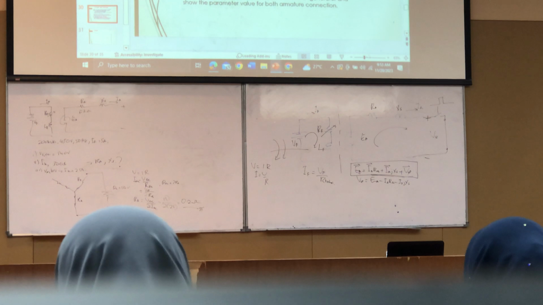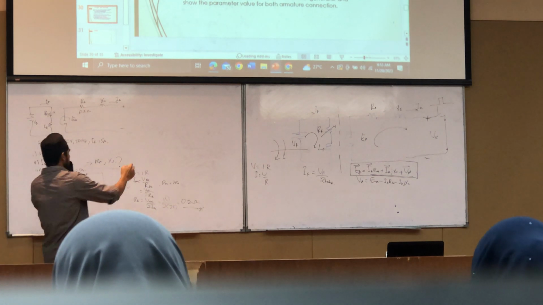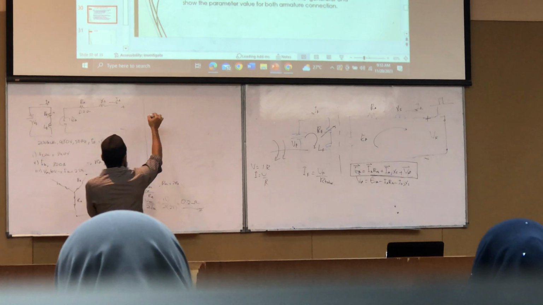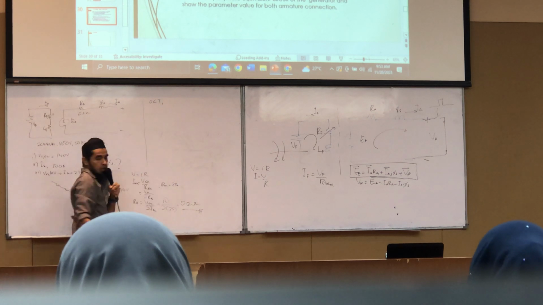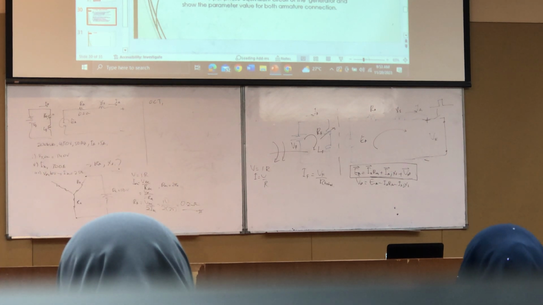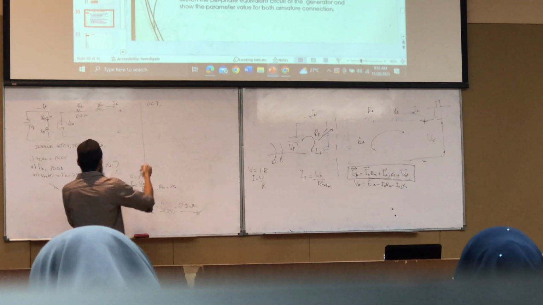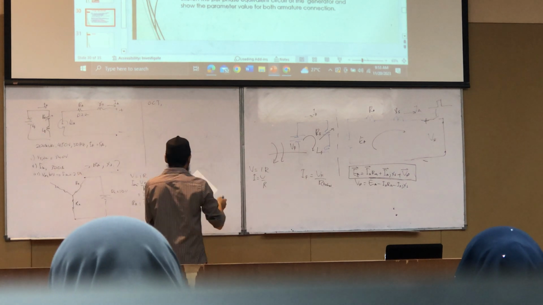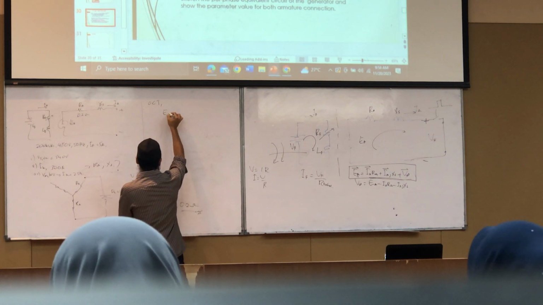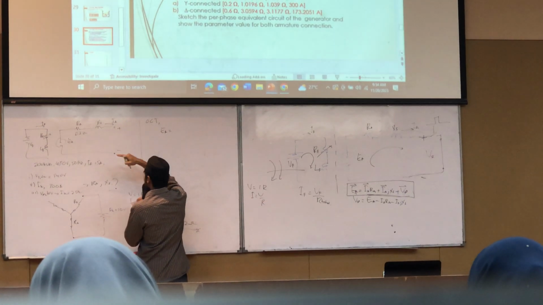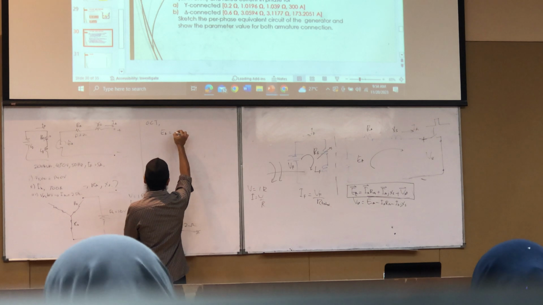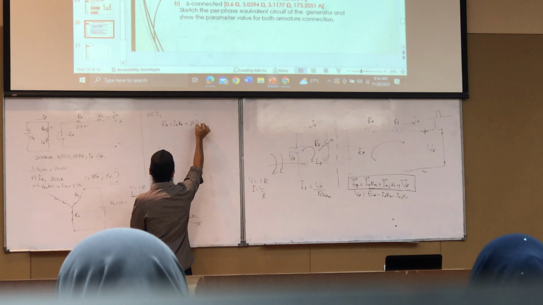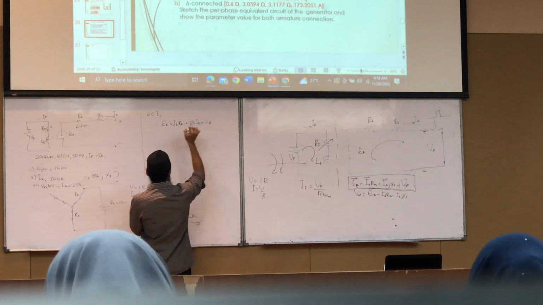So first find RA, then after that you perform, like we saw just now, the open circuit test. So when you perform open circuit test, from the diagram, you have drawn the circuit, so you generate the equation EA equal to IA RA plus jXS IA plus V phase.